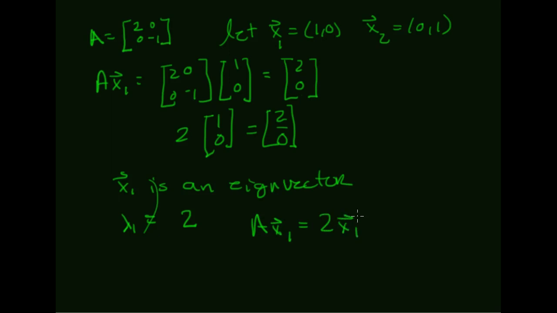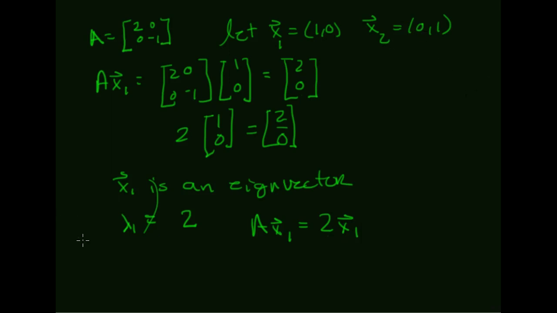Now, you can't do this with just any vector, and you can't do this with just any value. Okay, so let's take a look at this other vector I have hanging out here.